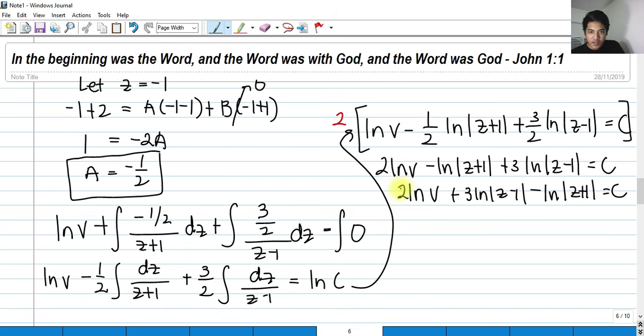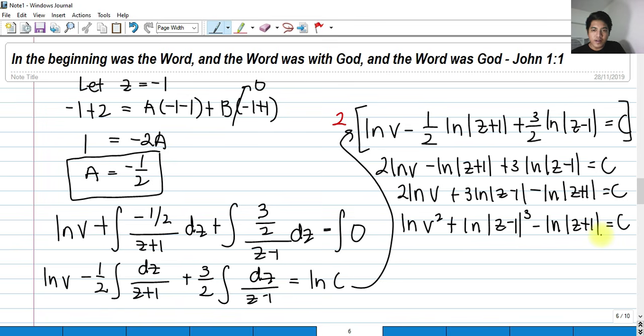Whenever we have a constant, we can write it as the exponent of the inside function of the natural logarithm. So we have ln b squared, so the 2 becomes the exponent, as well as here, ln of z minus 1 cubed, minus ln of z plus 1 is equal to c.